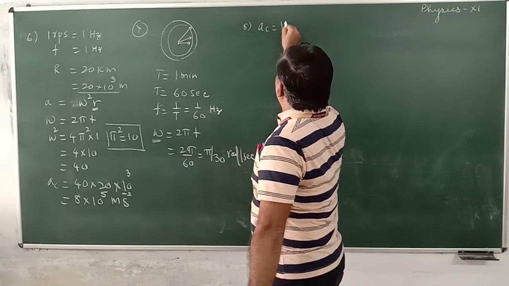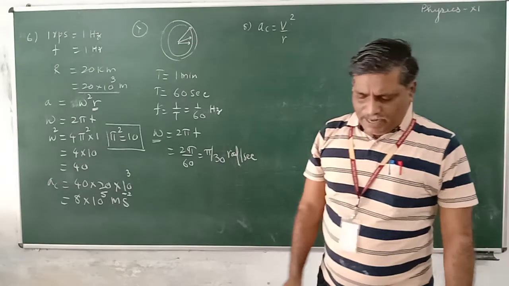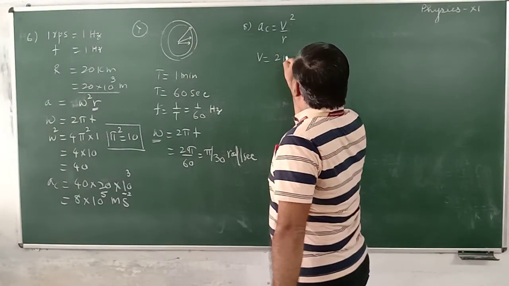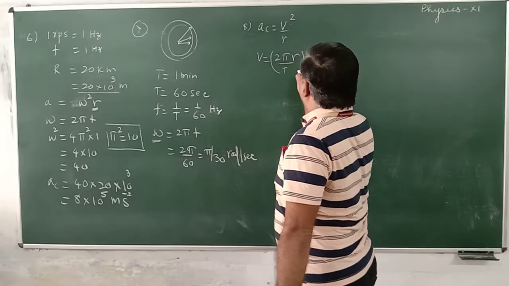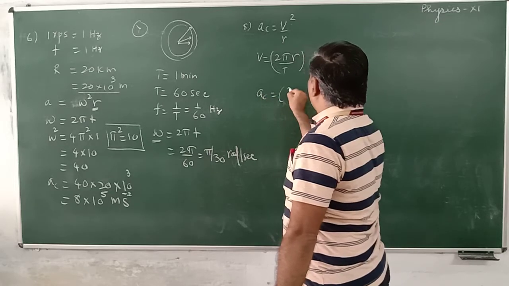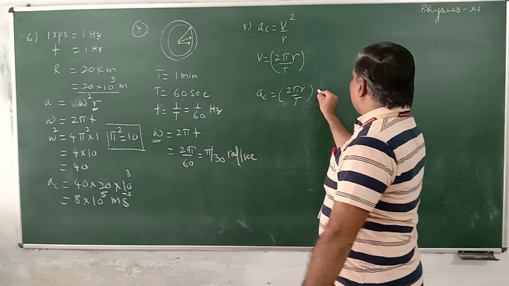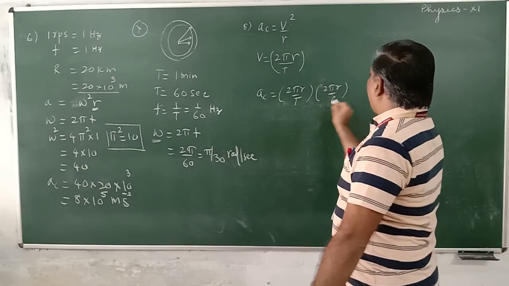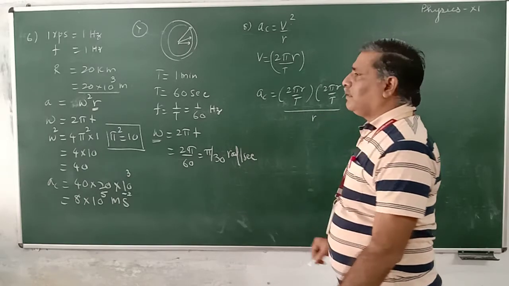AC is equal to v square by r. Here v is the speed. Then we also know v is equal to 2 pi r divided by time. So AC is equal to v into 2 pi r by t, and then it is divided by r.